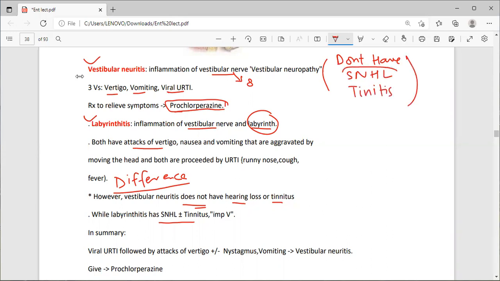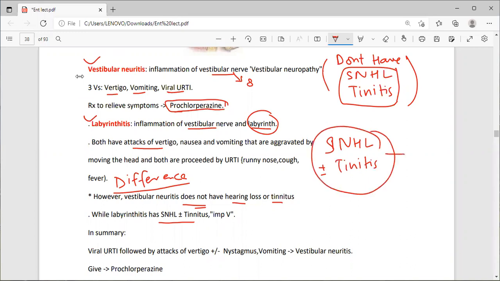So you have only two things to differentiate it from labyrinthitis. And in labyrinthitis, okay, they have all the other features, plus sensorineural hearing loss, plus or minus tinnitus. This is the big difference you have to remember.